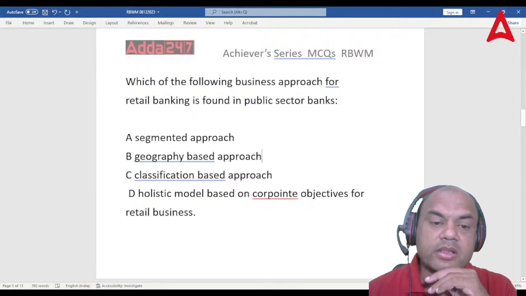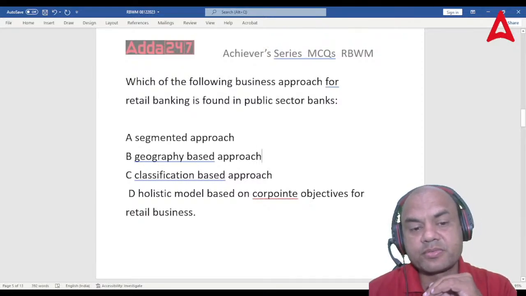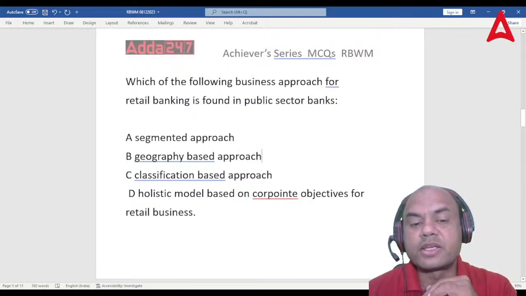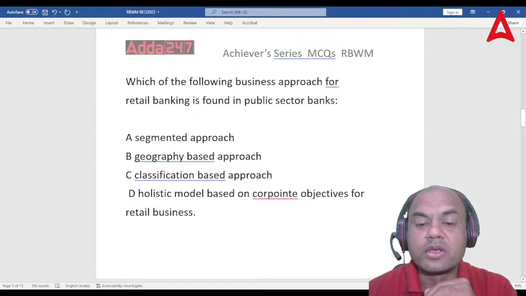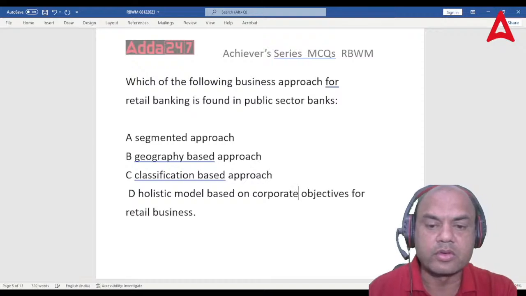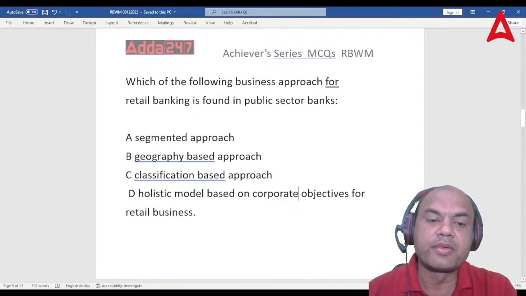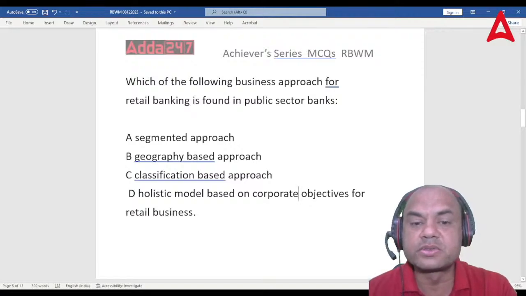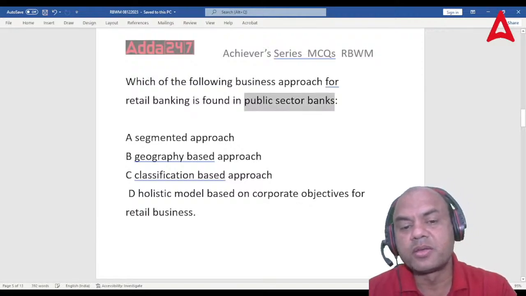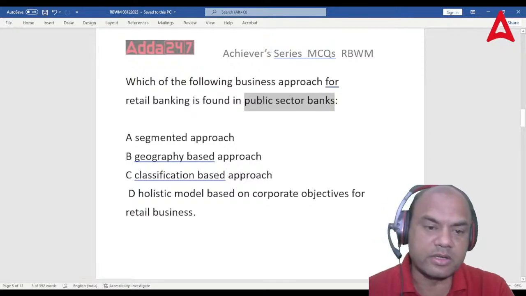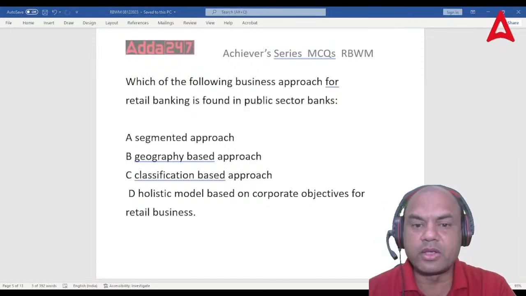Look at this: segmented approach, geography based approach, classification based approach, and holistic model based on the corporate objectives of the retail business. Which approach is used by public sector banks? Many of you will get confused over here.